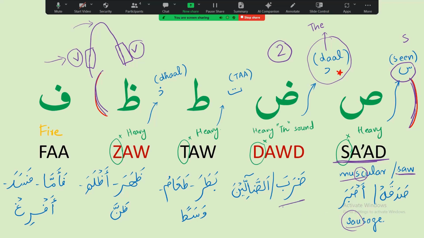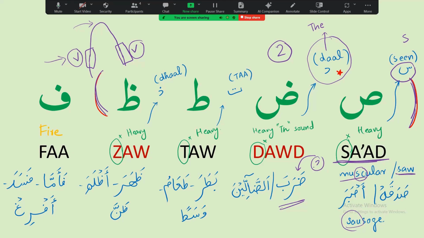Let me say this word with an example. The example in Arabic is ضرب. I'm not saying da ra ba. This is not dal. For now, you can try to differentiate this dad from the dal that we have already covered. The dal was a light one. We say da, di, do.